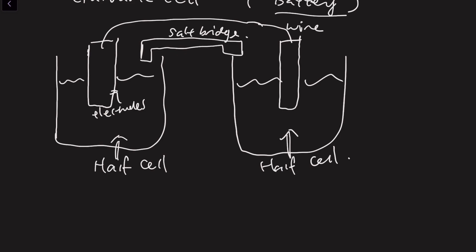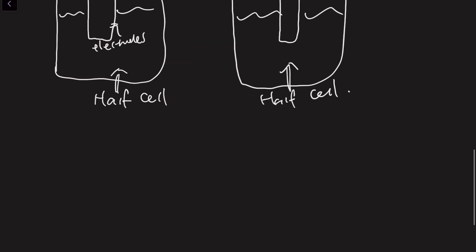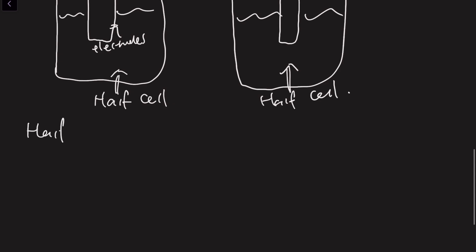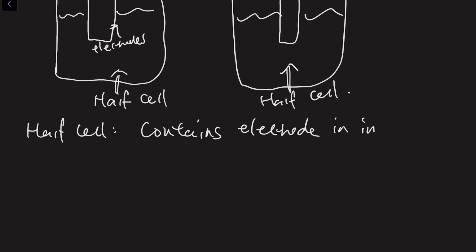Maybe one of the cells is conducting oxidation, and the other is doing reduction. So that's why it's called a half cell. In particular, a half cell contains an electrode in ionic solution.